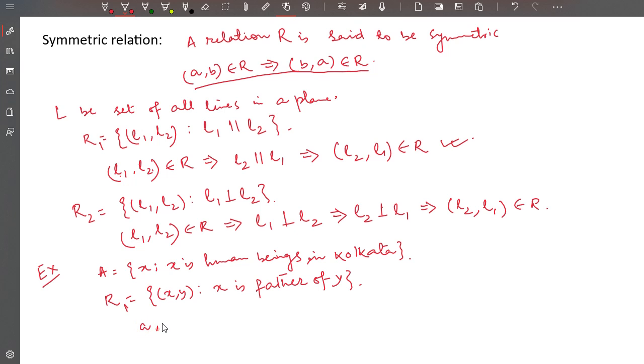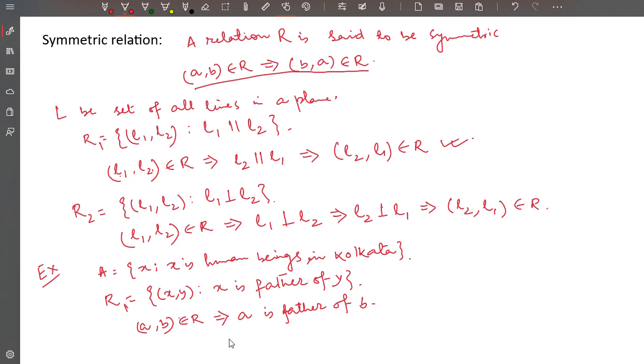Let (A, B) belong to R. That means A is father of B. Now can B be father of A?